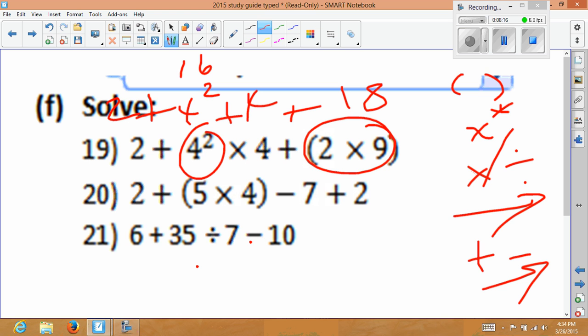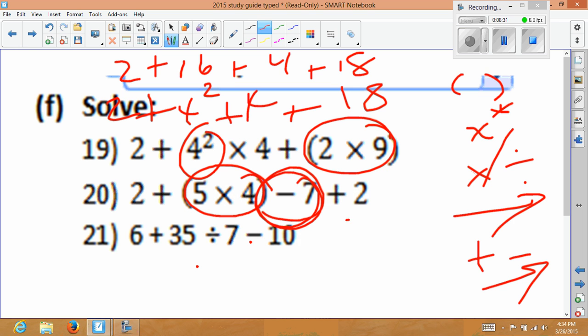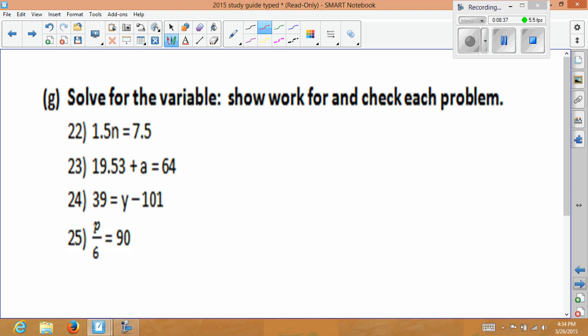That's 16. And then get my answer by adding all of that up. Next one, begin here. Make sure that you are working your way across. Make sure that you do this before you add 2. And then the last one, you're going to begin here and then do your math across.